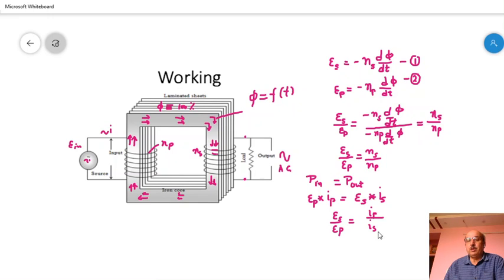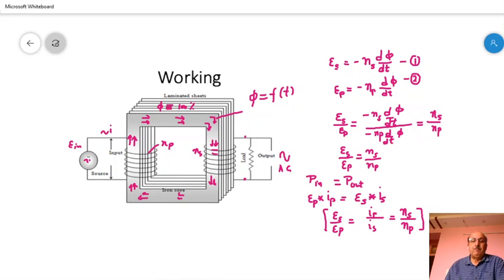They are reciprocal, proportional, and it is equal to Ns by Np. So this equation we will use in transformers, and we will use it for numerical purposes.